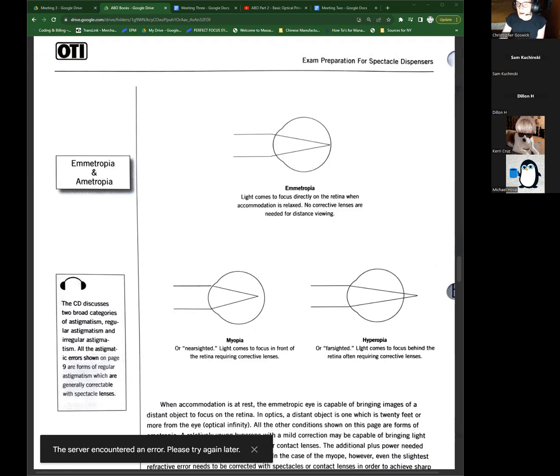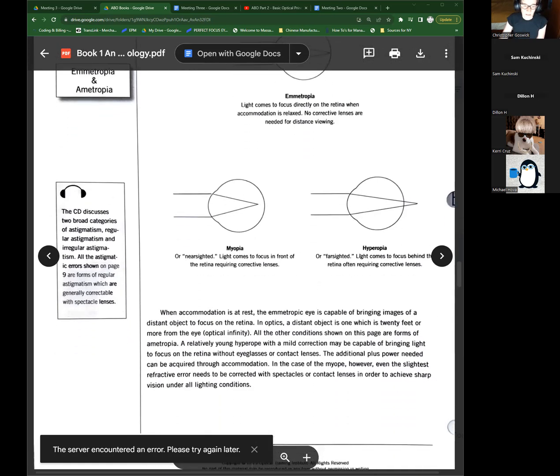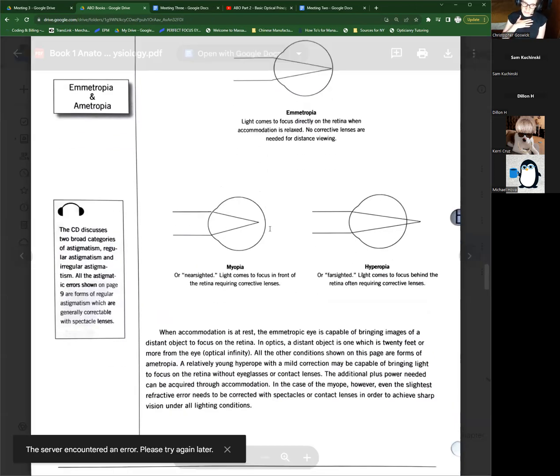Other things. The main thing with hyperopia versus myopia is that with myopia, the light is coming in straight, things look pretty good, but then it's coming to a point that is in front of the retina.